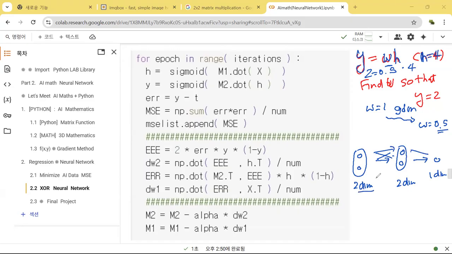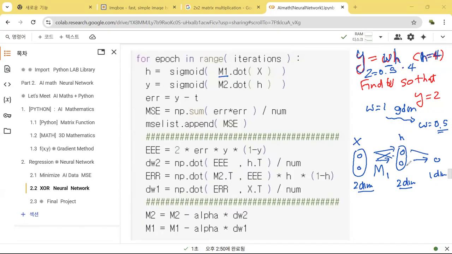From two-dimensional to two-dimensional, the matrix M1 is used to describe this correspondence. So this matrix M1 is this one. Let X denote the input vector and H denote the hidden layer vector.